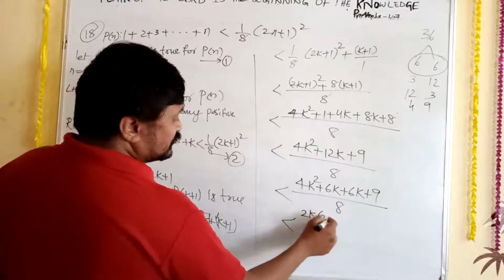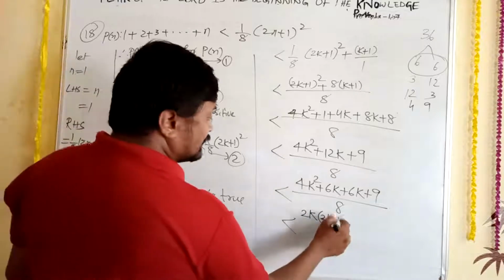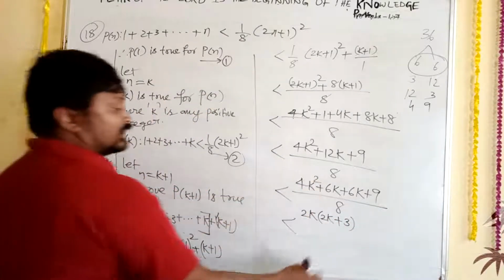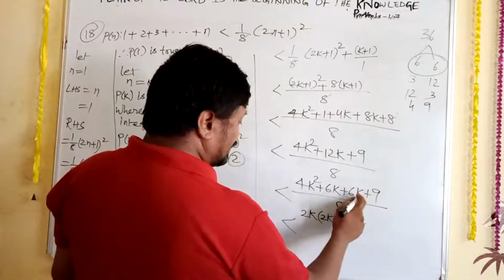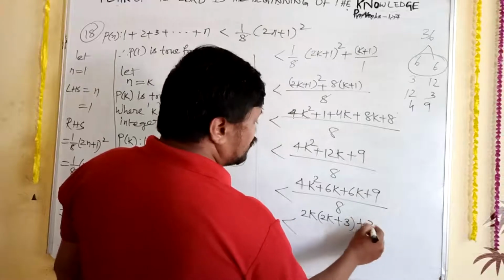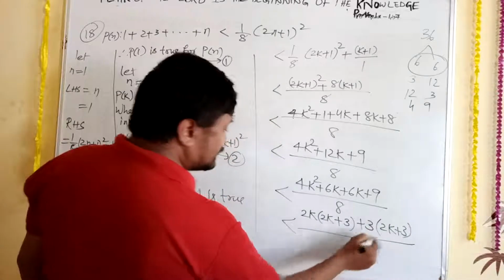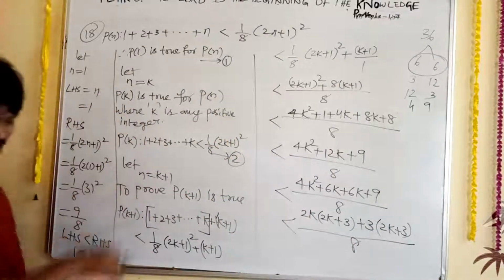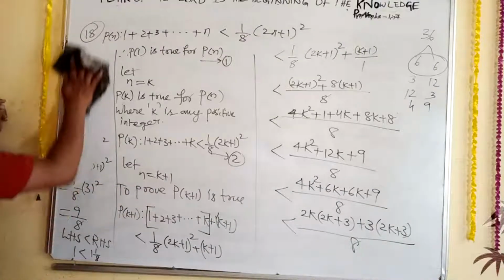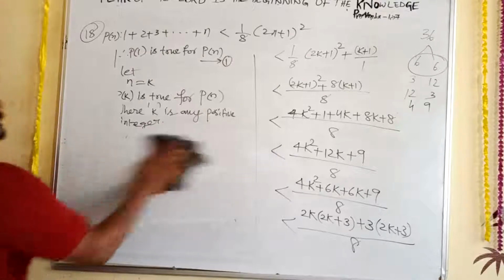Then you can get 2k: 2 2s are 4, k into k squared, plus 2 3s are 6, so that 6k you are going to get, plus in this place also 3 is common, 3 2s are, 3 3s are, upon 8. And this part again I am going to rub. Anyhow we are going to get our answer.